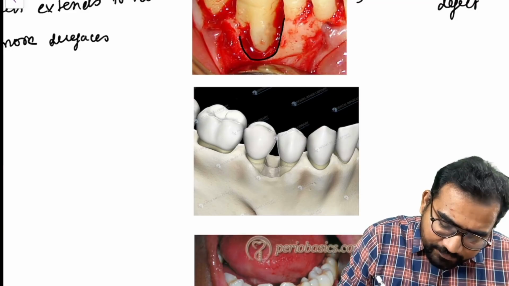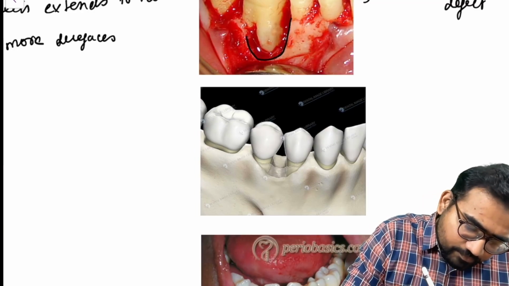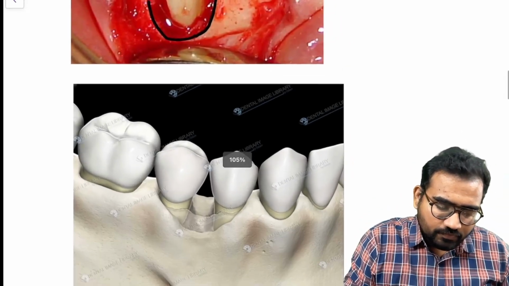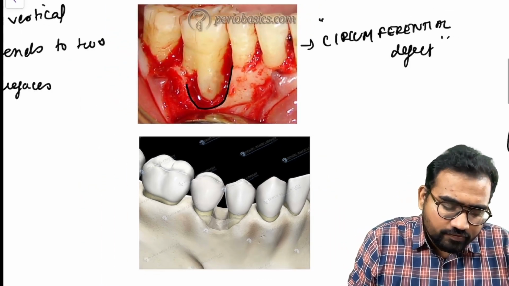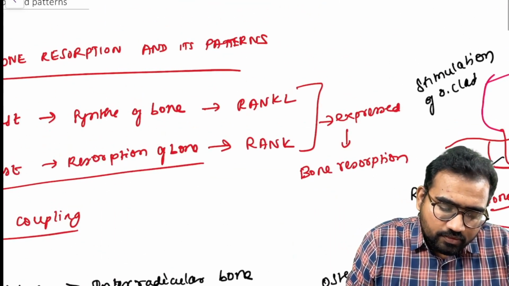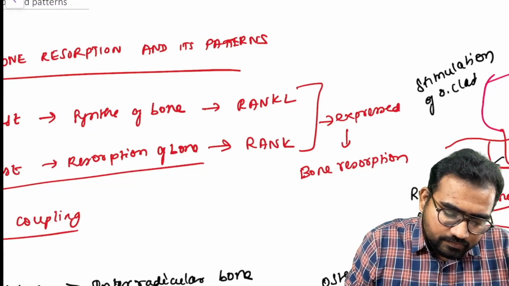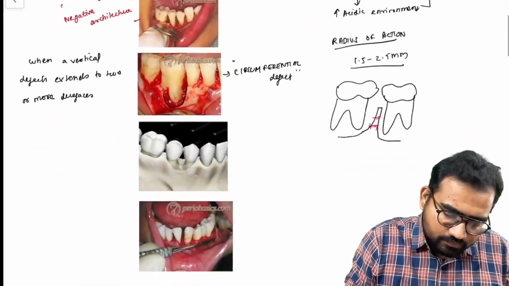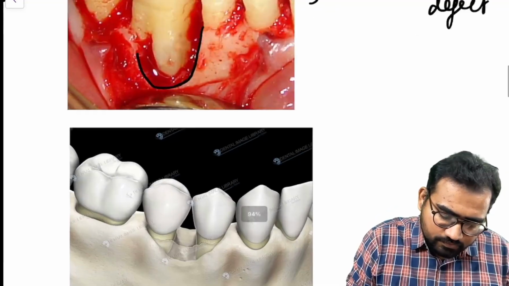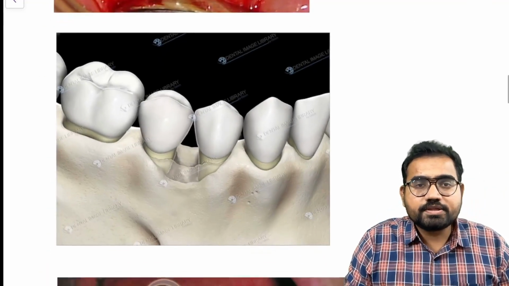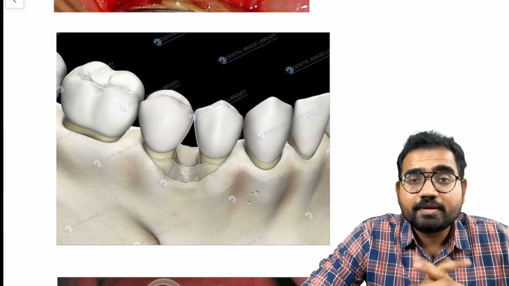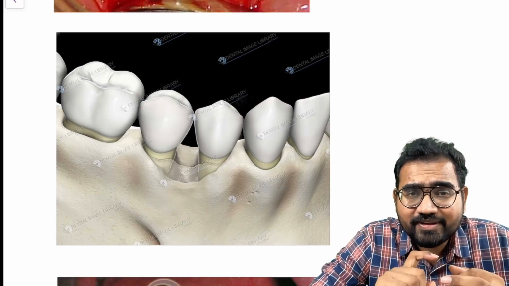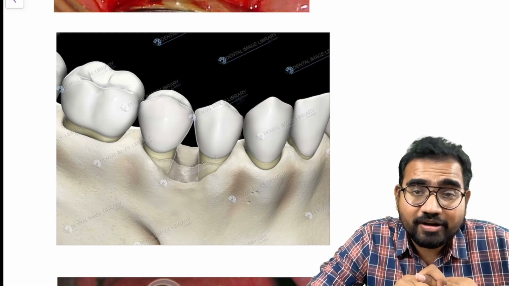Now in this defect, I'm having the buccal wall and the palatal or lingual wall.